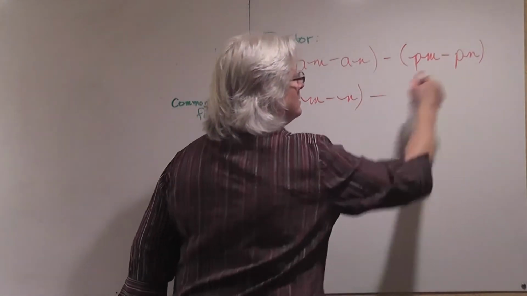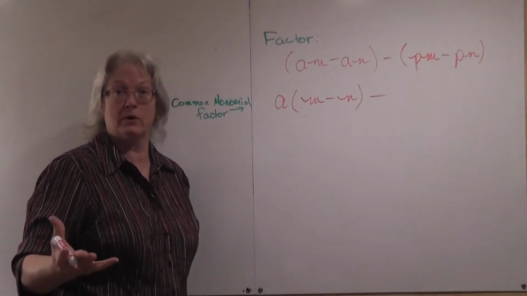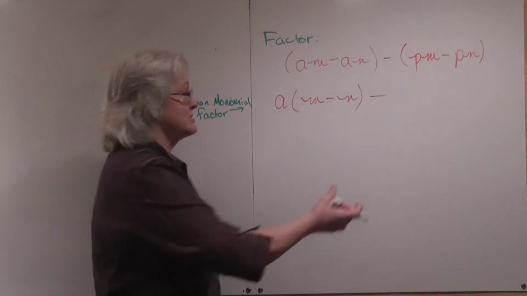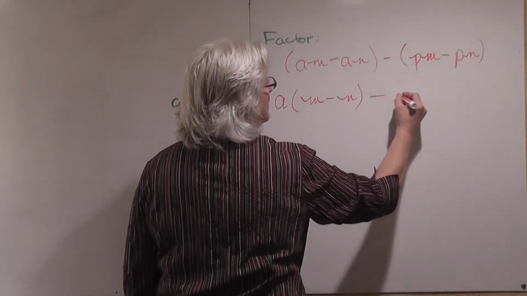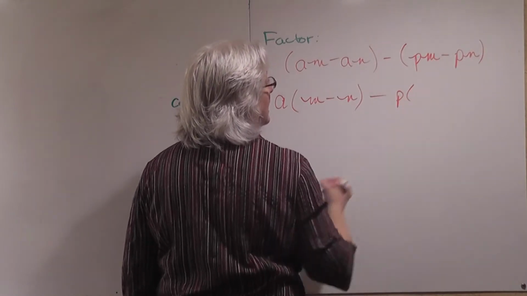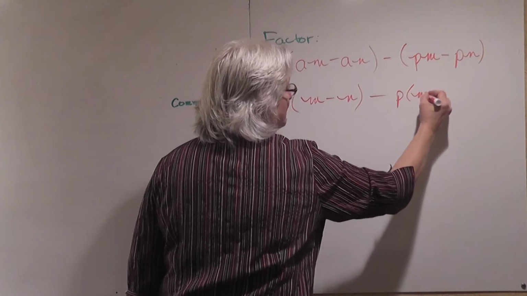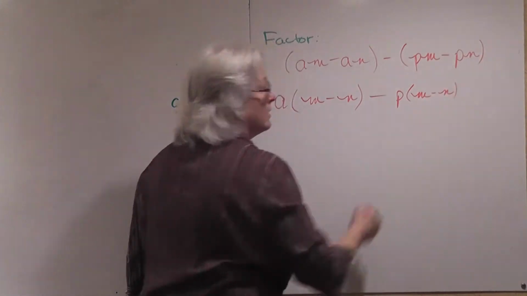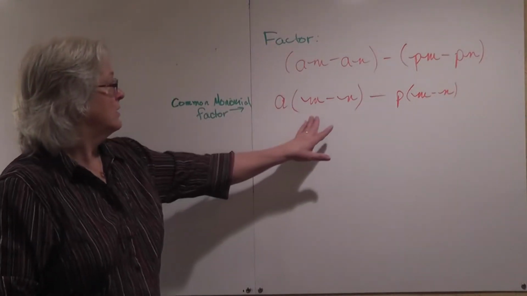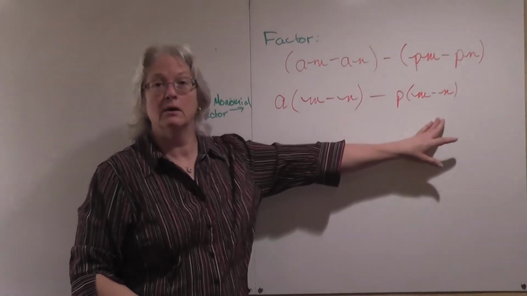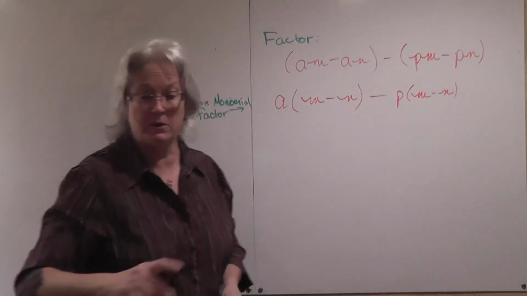Minus pm. What's our common monomial factor here in the second portion of the problem? So p minus p. I have remaining inside this parentheses m minus n. M minus n, m minus n. This is what we've just been talking about.